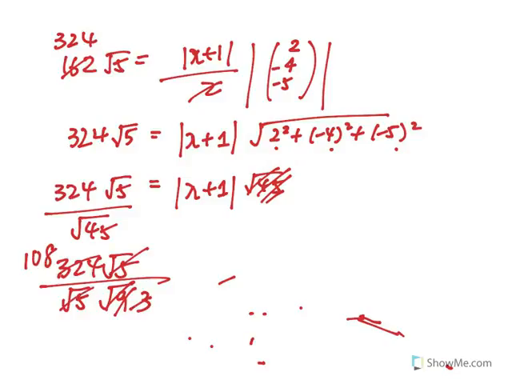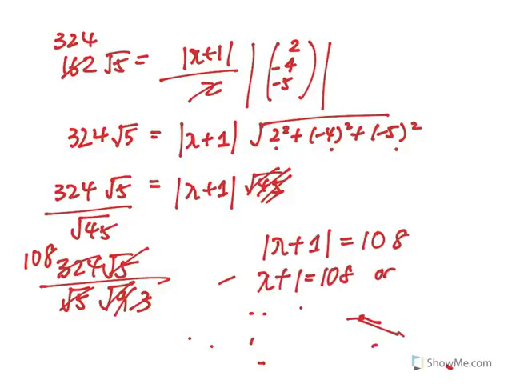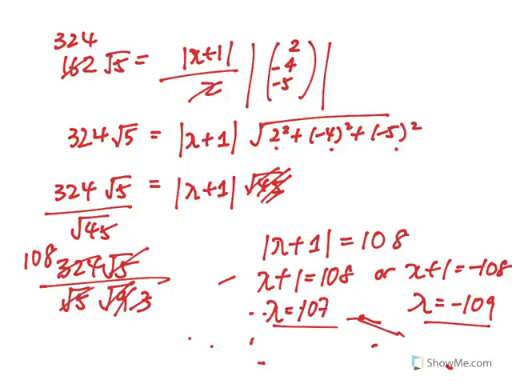Square root 5 and square root 5 cancel off. So you just get 108 on the left-hand side. This means that lambda plus 1 equals 108, or lambda plus 1 equals negative 108. So lambda could be negative 109, or lambda could be 107. So we have two values.